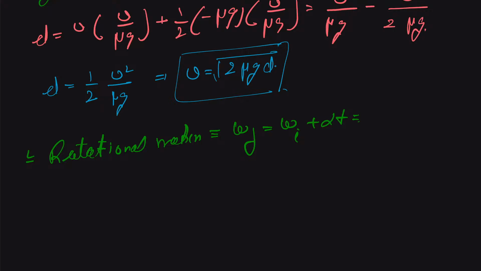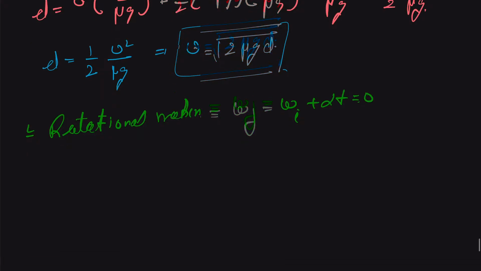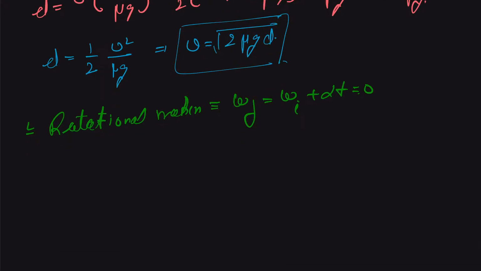Once again the final angular velocity will be equal to 0, so this will be 0 minus omega, and alpha we already know is a plus 4 mu g upon r, times t.